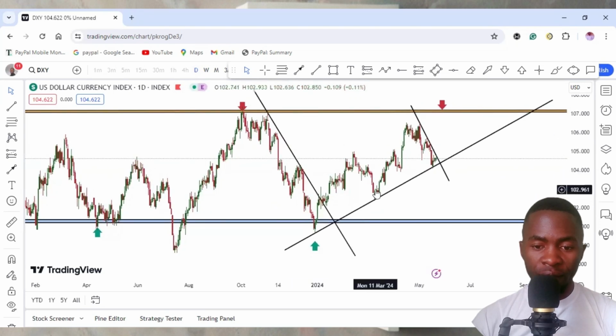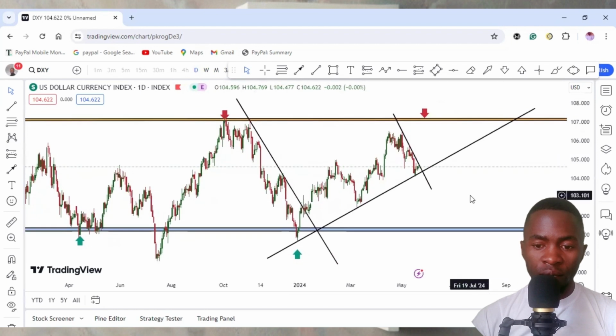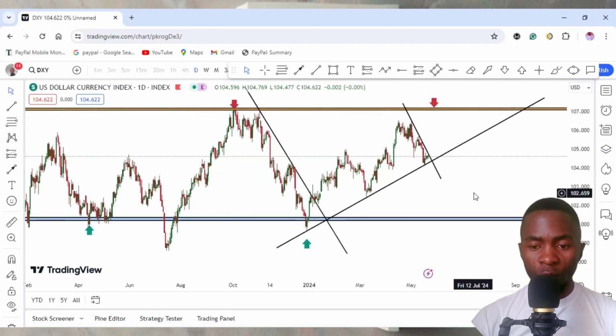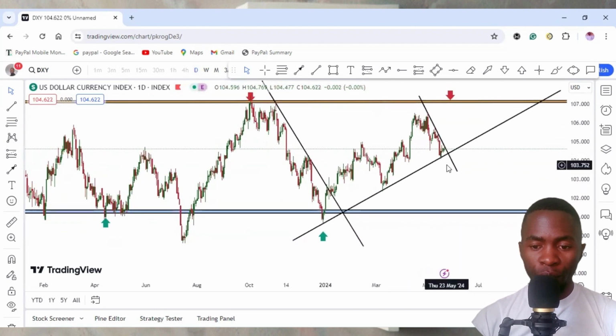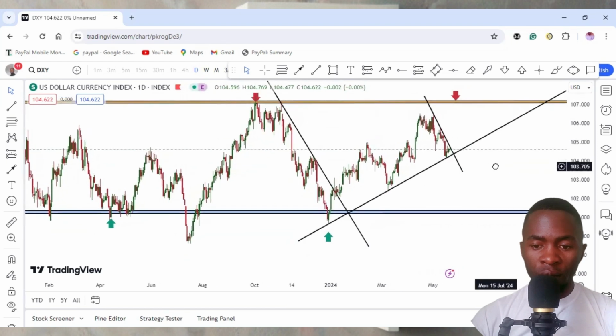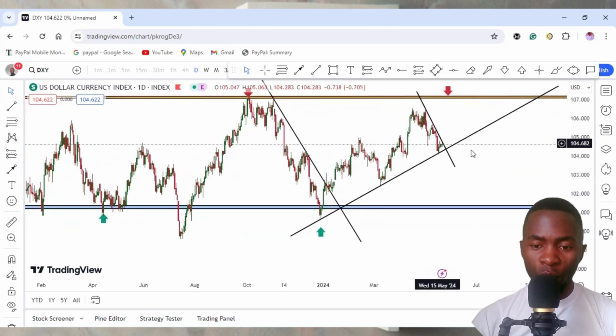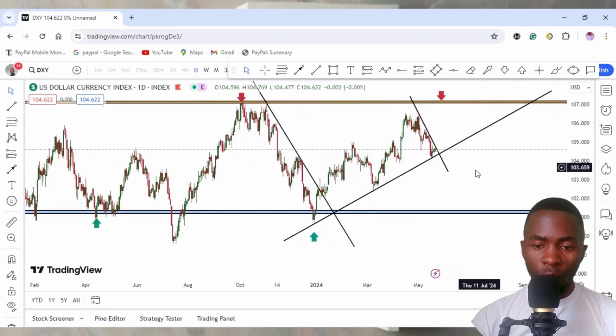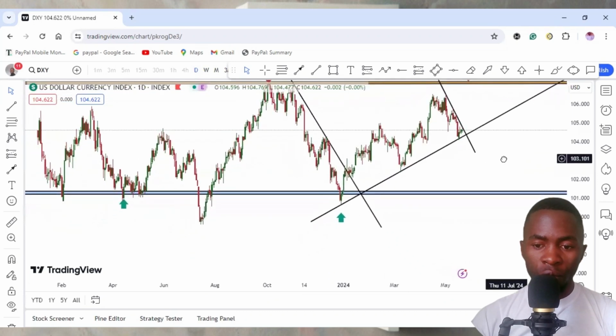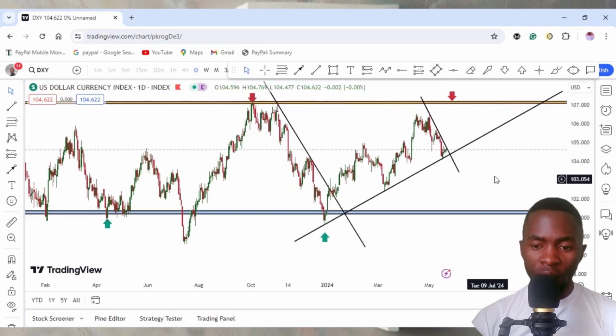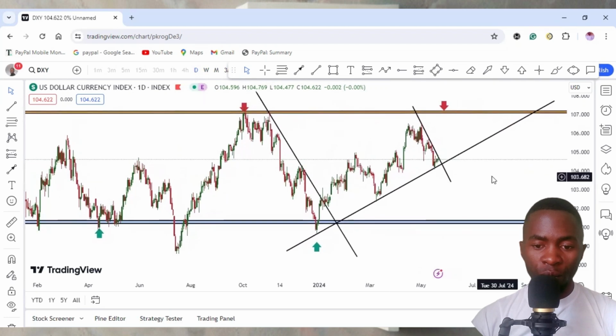We have the first pullback here, then the market moved in the same direction. We also have another pullback here. Currently we are on this pullback. So that's one confluence to show us the market is bullish.